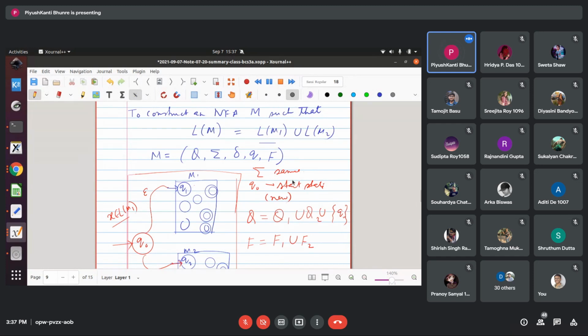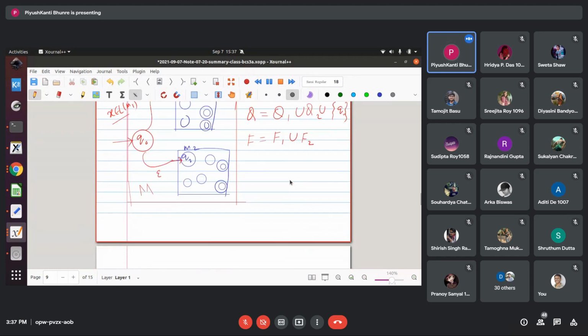Now I want to define delta. What should be my delta? This is a very important part. So delta of R, A is what I want to define. First of all, it is phi if R equals Q0, the start state, and A is not equal to epsilon.